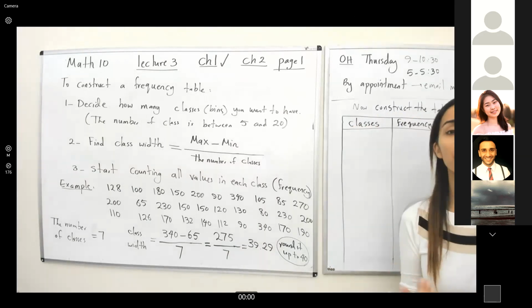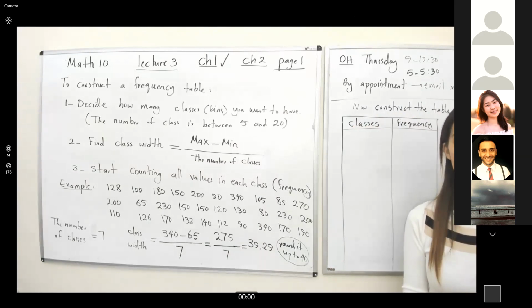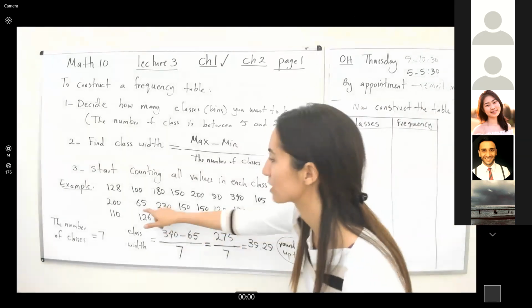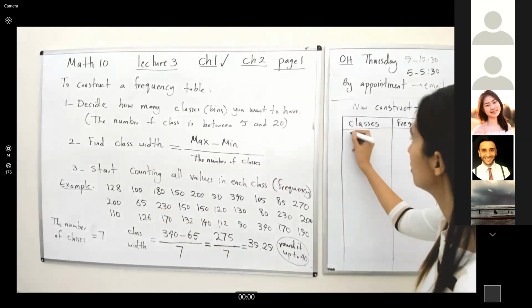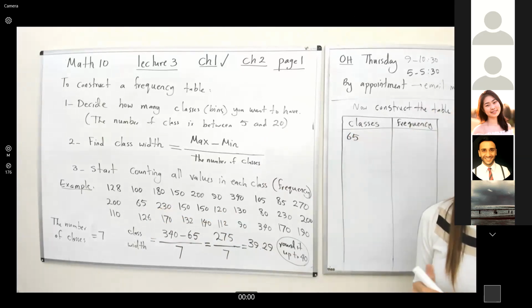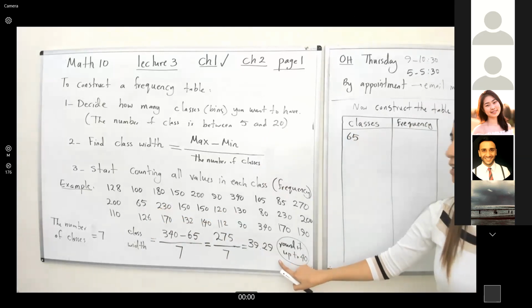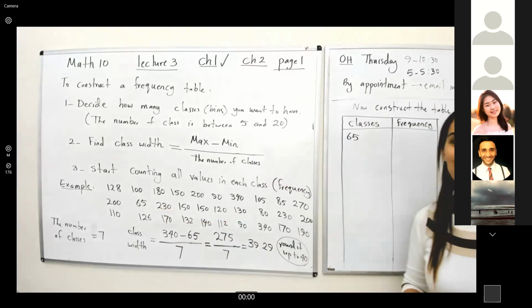So what is our first class? Our first class starts at the minimum value. Our minimum value was 65, so 65 goes here. We need to use our class width to construct the second row.